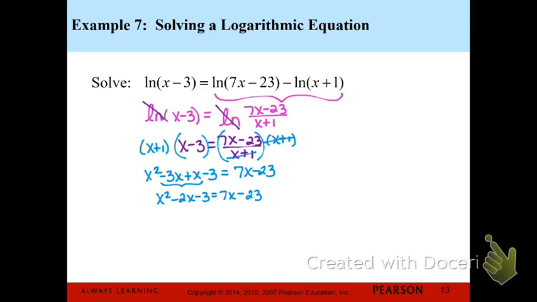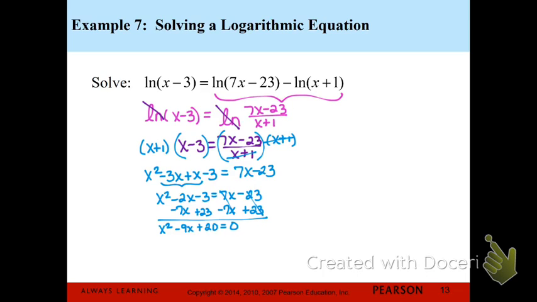So set your equation equal to 0. Let's move the 7x over. And what else do we need to move? The negative 23, and we're going to do it by adding. So we get x squared minus 9x plus 20 equals 0.